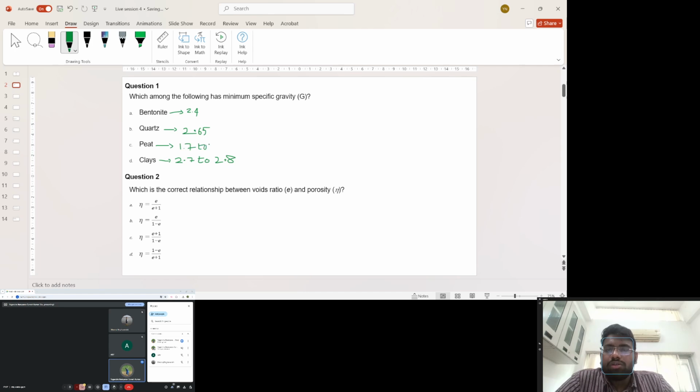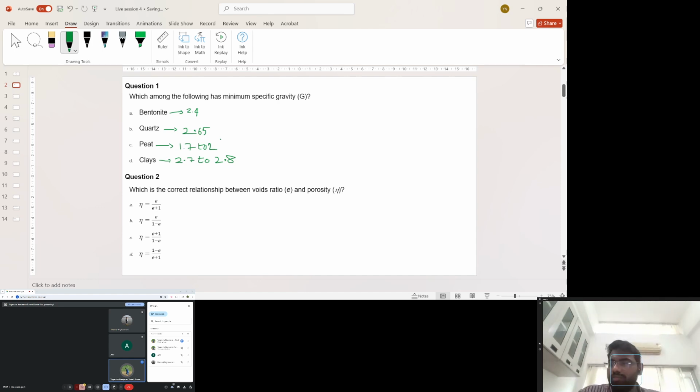So you can always find that soil with organic matter tends to have a lesser specific gravity. That is how the presence of organic matter in a soil is speculated, and further it is quantified. Among these, peat is completely organic, so it has a very low specific gravity, and so the answer is peat.